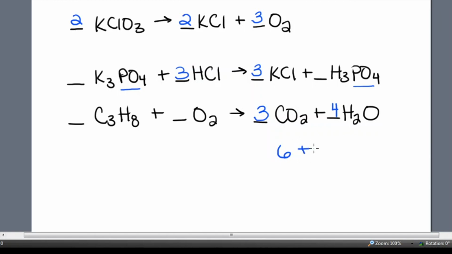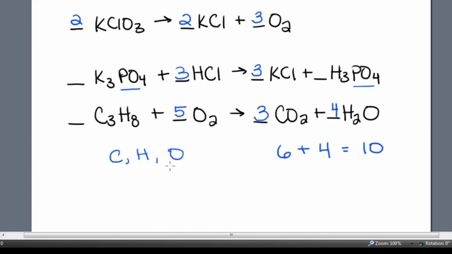Plus, and here's where you can't forget to add, there's also 4 oxygens in the water. So really on the right-hand side, you have a total of 10 atoms of oxygen. So your coefficient over here on the left-hand side needs to be a 5. Okay, so for your combustion reactions, balance carbon, then hydrogen, and then oxygen. Makes your life a little bit easier.